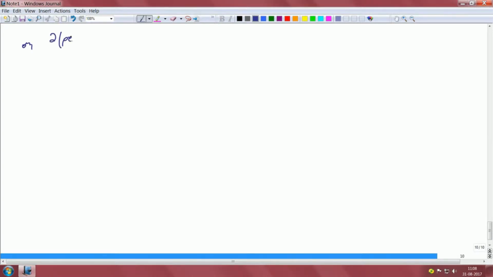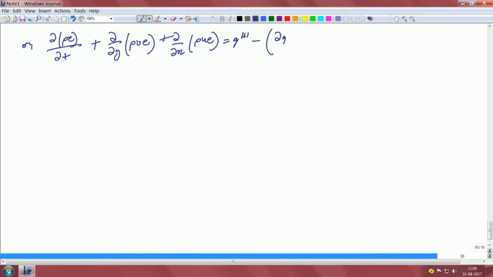So d(rho E)/dt plus d by dy of rho V E plus d by dx of rho U E is equal to Q''' minus dQx''/dx minus dQy''/dy plus this W. So I have got rid of the delta x and the delta y terms.